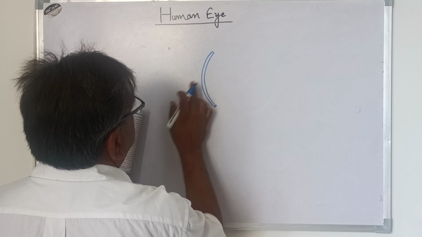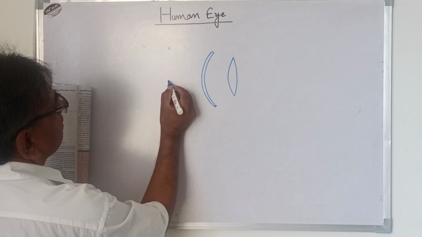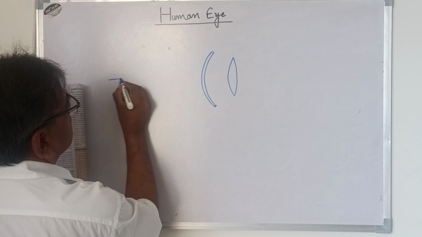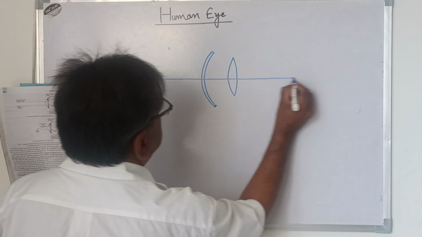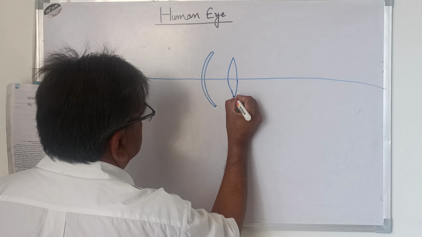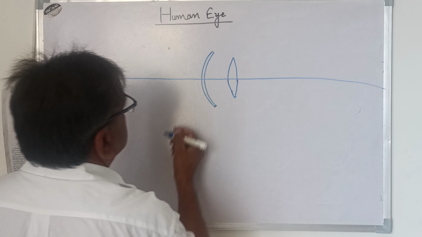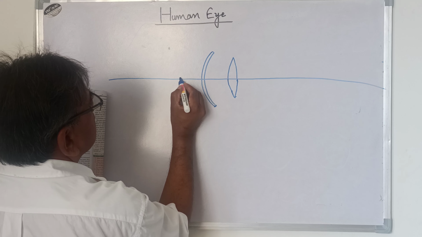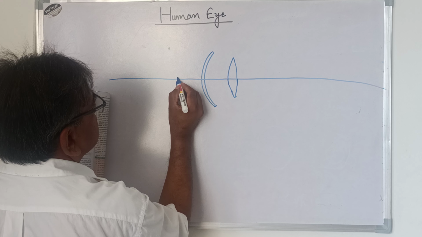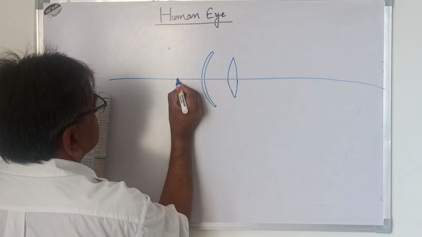What happens in accommodation power? देखिए अगर near object, this is the principal axis. What happens when we see nearby objects? Say some object is here.